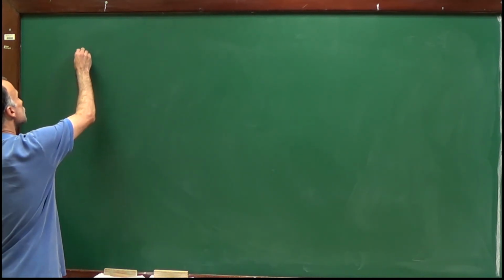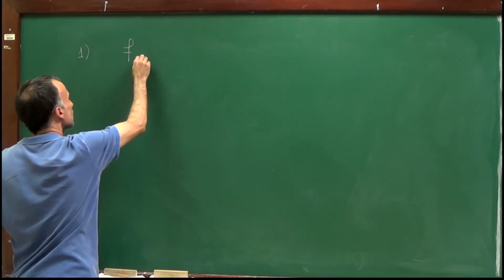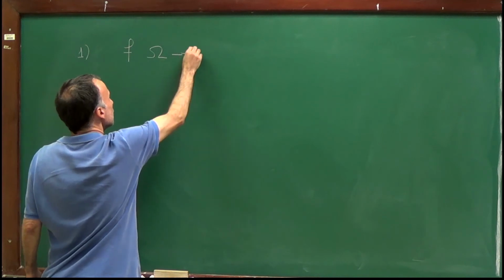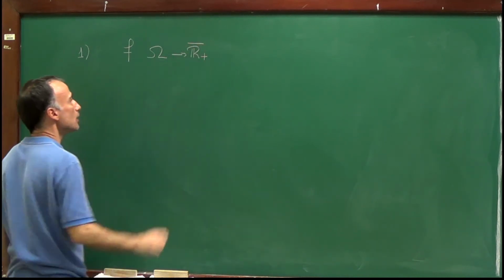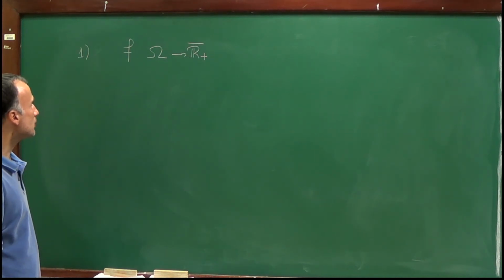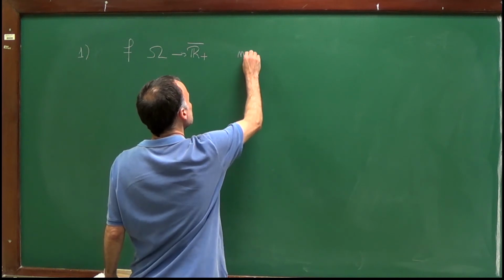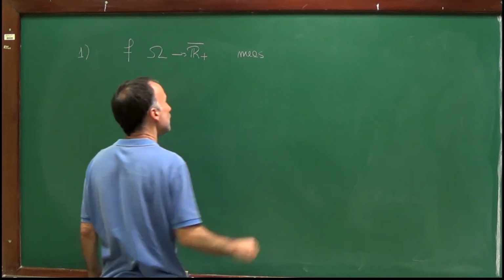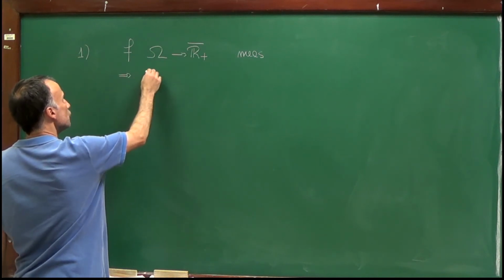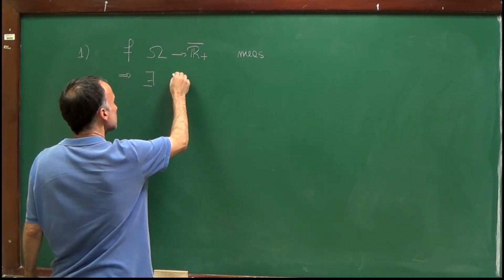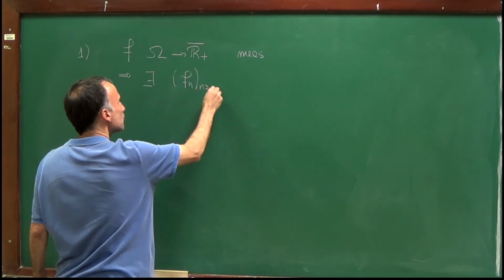We will first show that if you have a function which is non-negative, might take a value equal to plus infinity, and which is measurable, then I will always be able to find a sequence fn of simple functions.